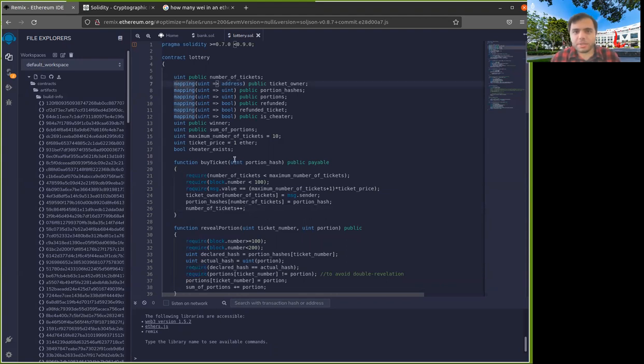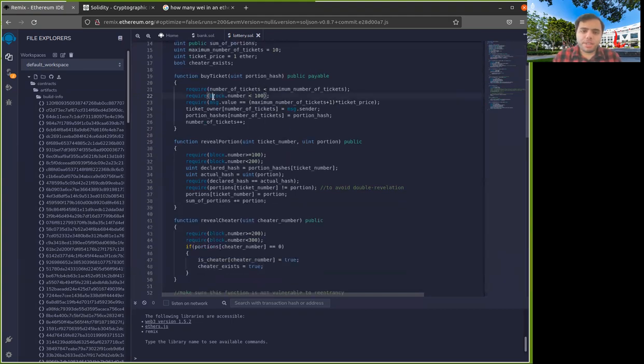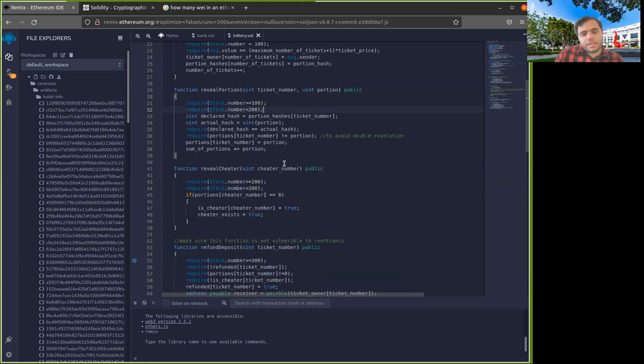But going back, I also said that we want to minimize the amount of gas that we use. So we want to minimize the number of global variables that we have, especially if those variables take a lot of storage, if they're mappings, for example. We also want to minimize the gas usage of our functions. I was mostly focused on the ideas of how we are using cryptography, how we are using a commitment scheme here, what are the incentives, things like that.